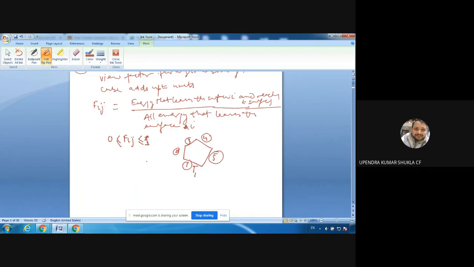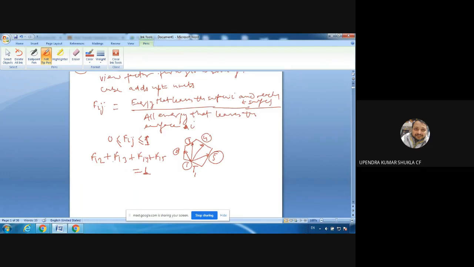Due to its temperature, there is an emission of radiation, and that emitted radiation reaches a fraction of each surface. A fraction of the energy will reach surface 2, a fraction will reach surface 3, surface 4, and surface 5. So F12, the fraction of energy that leaves surface 1 and reaches surface 2, plus F13 plus F14 plus F15, all sum to 1, because all are fractions.